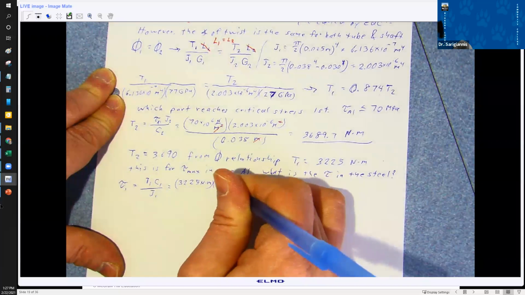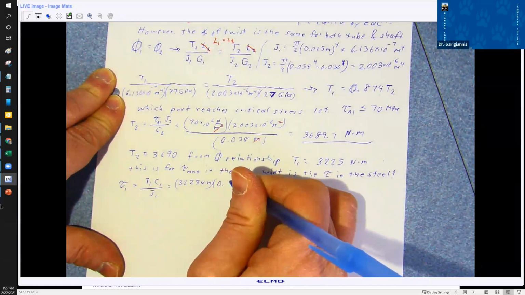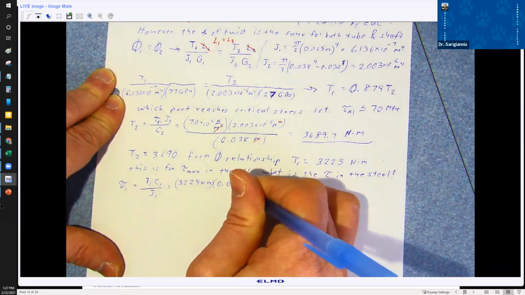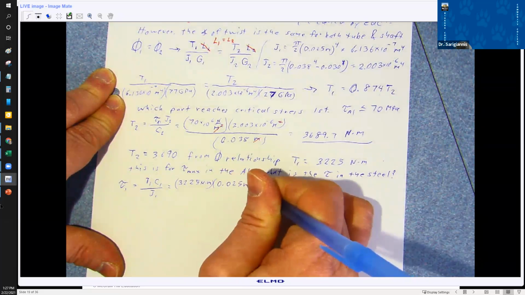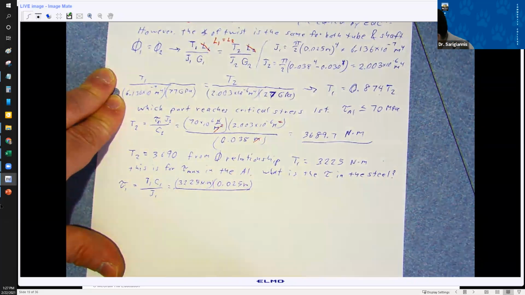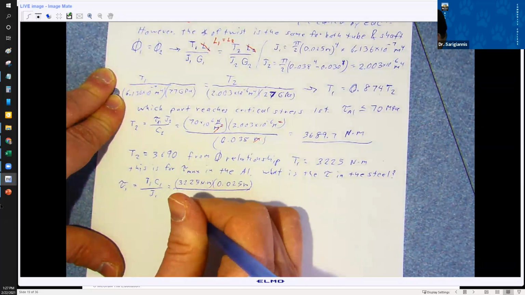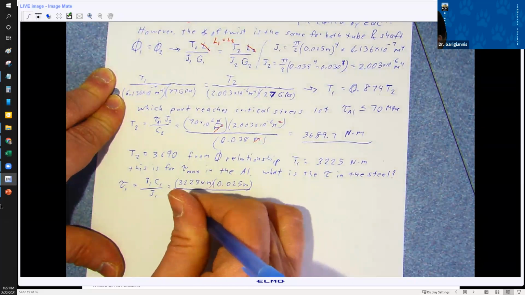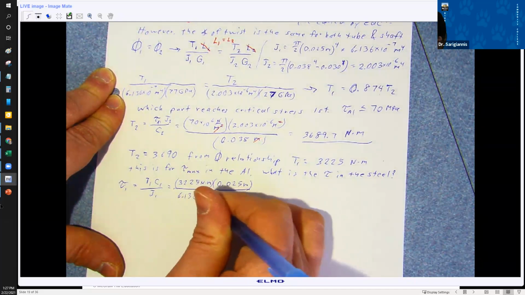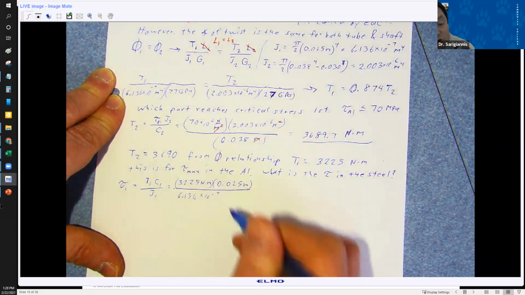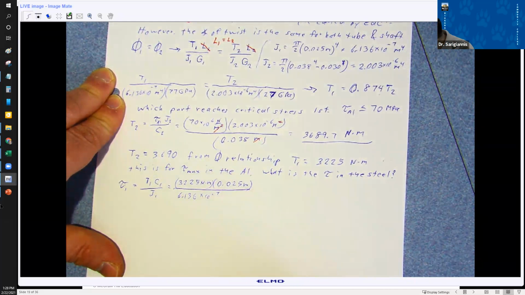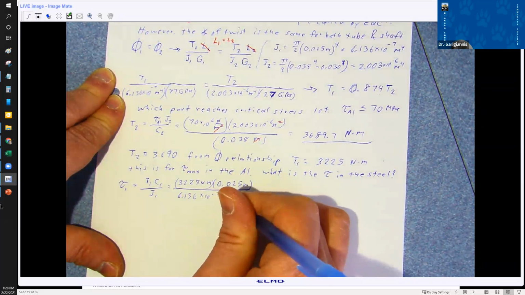Our diameter of the steel tube is 50 millimeters, so that gives us a radius of 0.025 meters, divided by our polar moment of inertia, which we calculated as 6.136 times 10 to the minus 7th meters to the 4th.